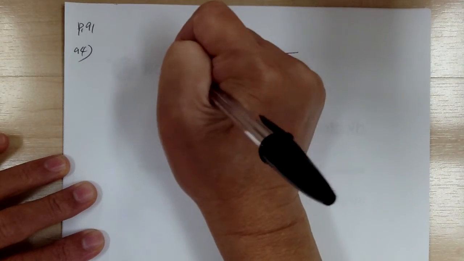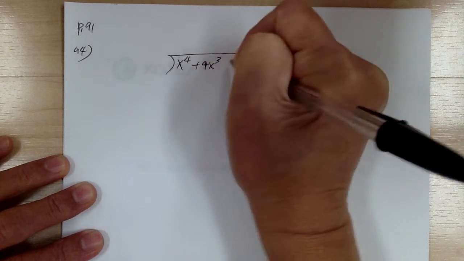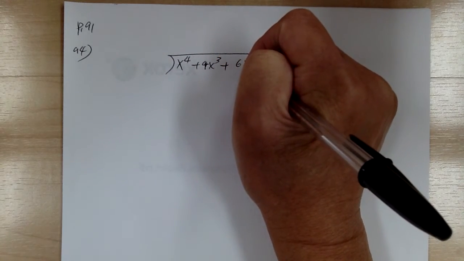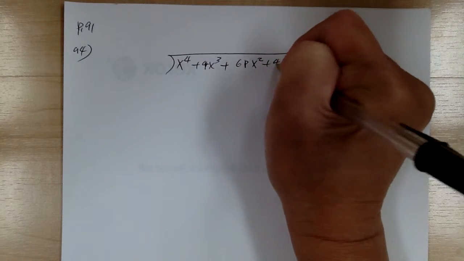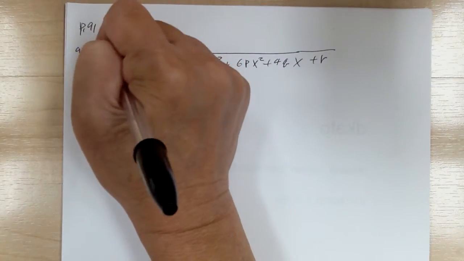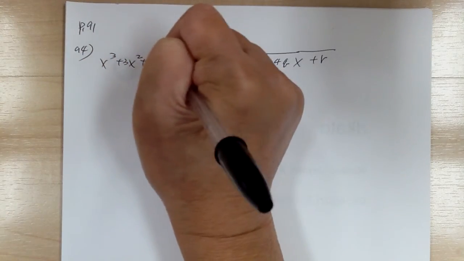So you have x to the 4 plus 4x to the 3 plus 6px squared plus 4qx plus r, and it's divided by x to the 3 plus 3x squared plus 9x plus 3.